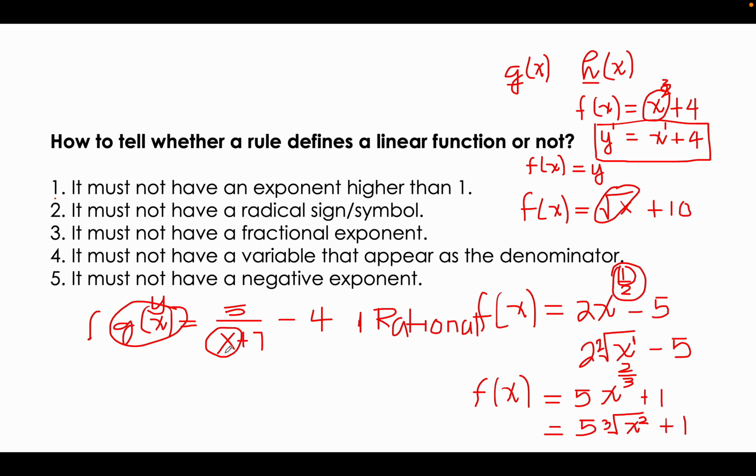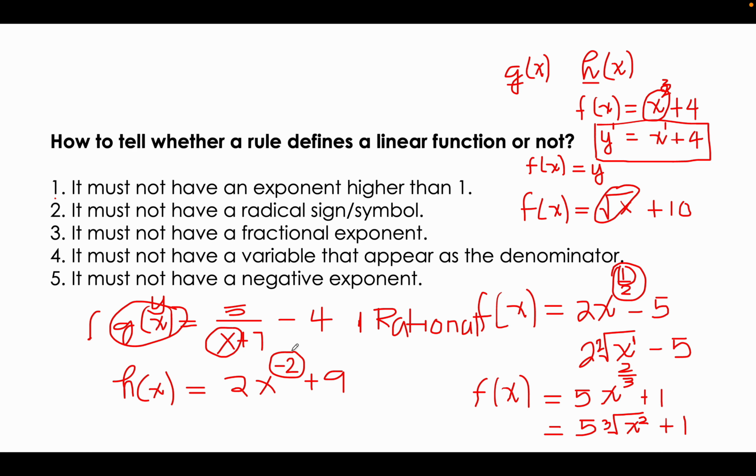It must not have a negative exponent. Okay? So negative exponent. Supposing we have h of x equals 2x, let's say we have negative 2, plus 9. Okay, so observe that the variable x here contains a negative exponent, which is negative 2.